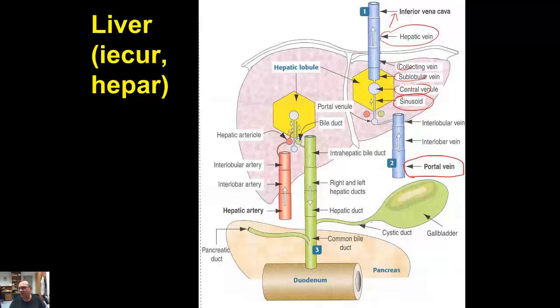The cystic duct goes to the gallbladder. The gallbladder is a blind evagination of the bile duct system, which is important for the storage of bile and for its instantaneous liberation to the duodenum if it is necessary.